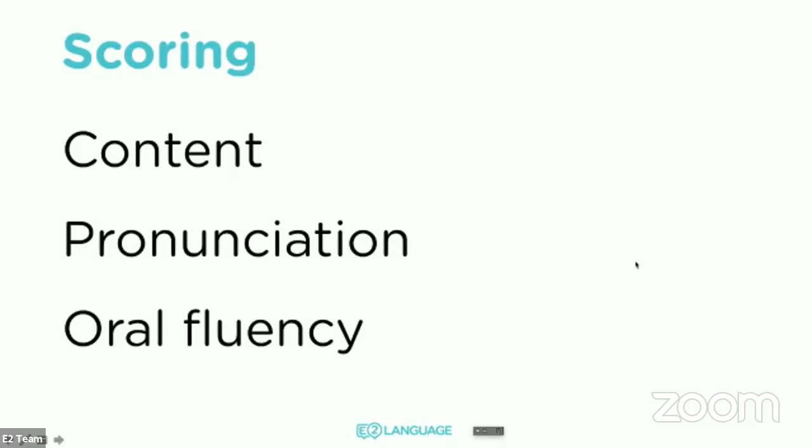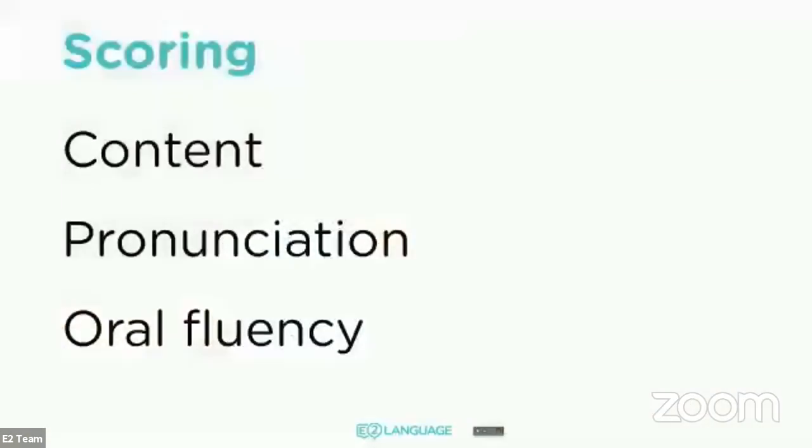Oh, no, you're not. Scoring. You're scored on content. That is that you read the words correctly. You don't add any words. You don't miss any words. You don't change any words. You're scored on your pronunciation and you're scored against what a native speaker sounds like. So if you do have a strong accent, you're going to have to try and neutralize that accent.